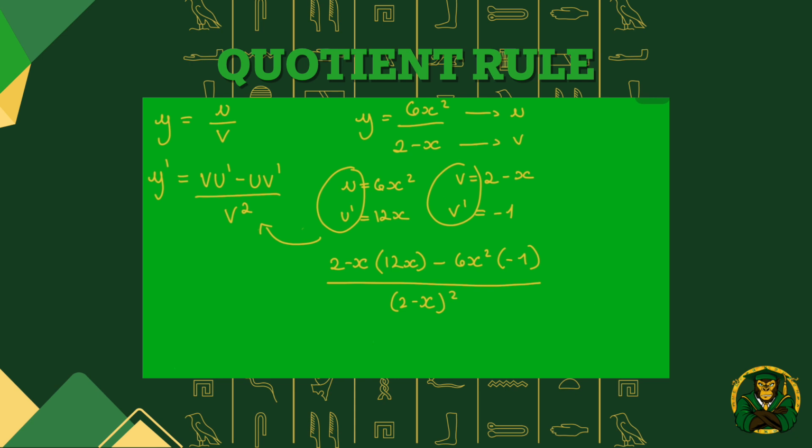Then you expand the brackets, so you get 24x minus 12x squared plus 6x squared all over 2 minus x to the power of 2. Then we just simplify it, so you get 24x minus 6x squared over 2 minus x to the power of 2.